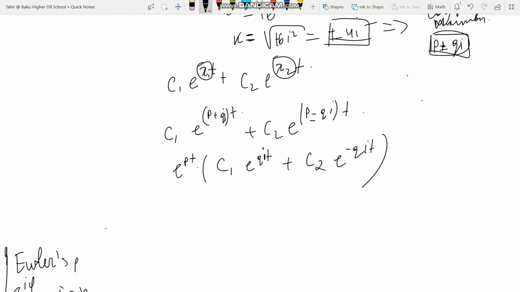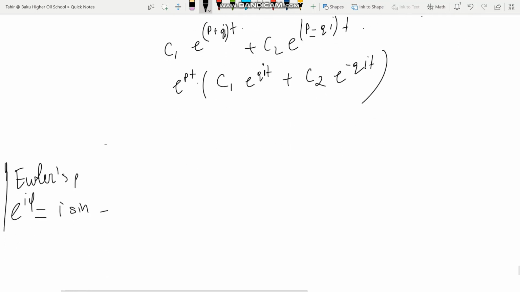And in order to simplify this one, we will use Euler's formula, which states that e to the power i phi is equal to i sine phi plus cosine phi. And here the only changing variables will be q and t.